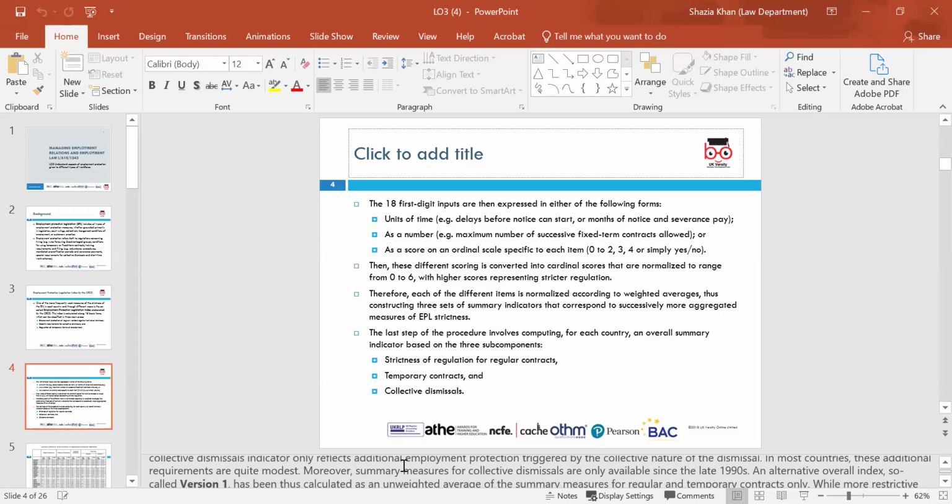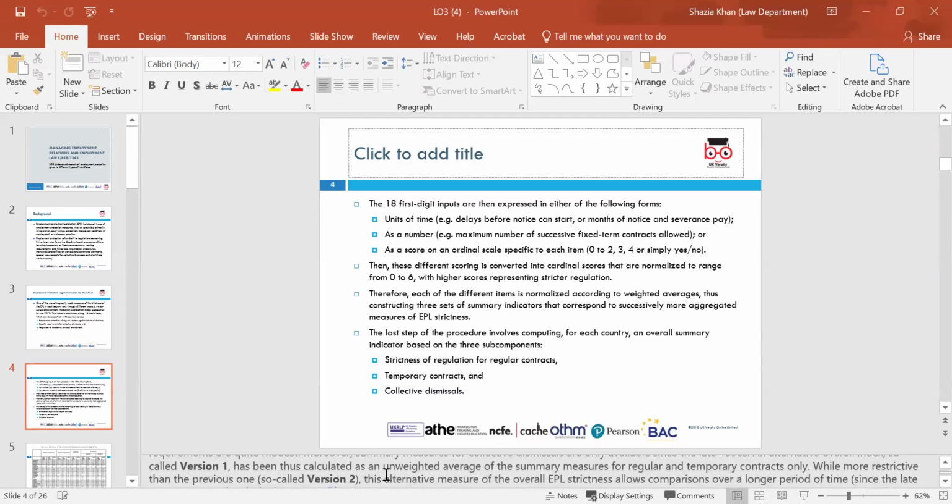In most countries, these additional requirements are quite modest. Moreover, summary measures for collective dismissals are only available since the late 1990s. An alternative overall index, so-called version 1, has thus been calculated as an unweighted average of summary measures for regular and temporary workers only.